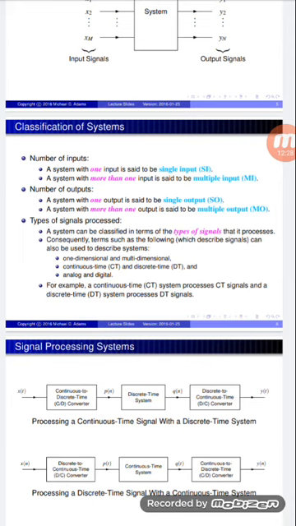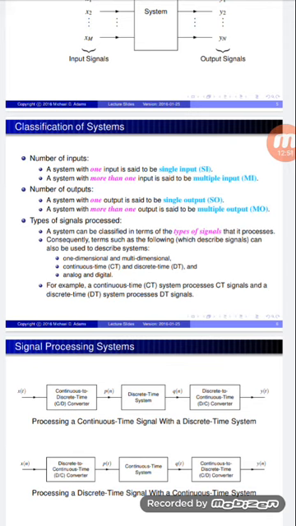For example, number of inputs. A system with one input is said to be single input, SI. A system with more than one input is said to be multi-input, MI.